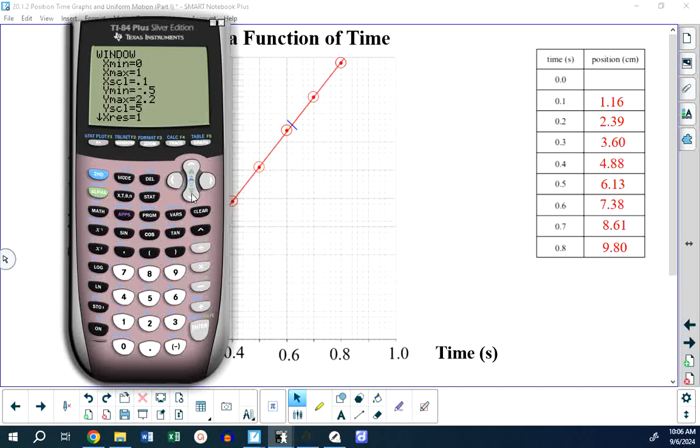Well, my biggest Y is 9.8, so maybe I should just go up to 10. Go from 0 to 10. And maybe up by 2. Oh, man.